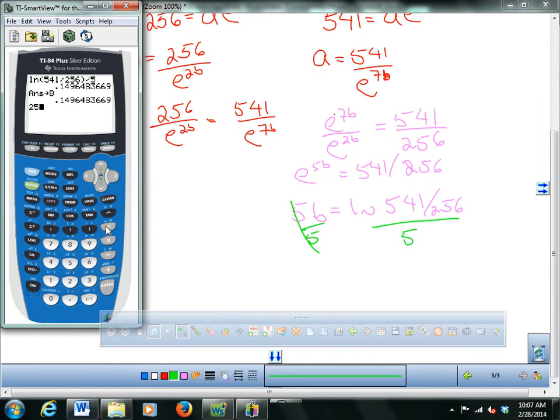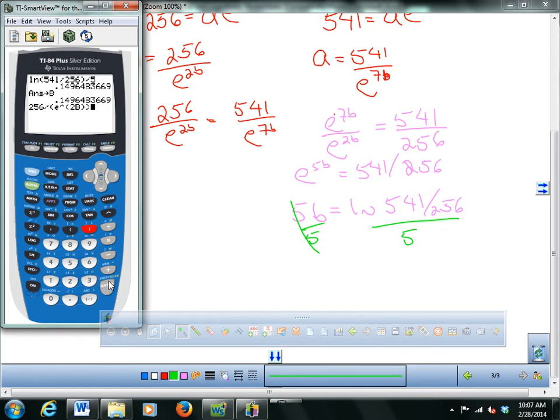256 divided by E. I'm going to go parentheses again. Second E to the 2 alpha B, right? Alpha B. Okay, and then I am going to close both sets of those parentheses.